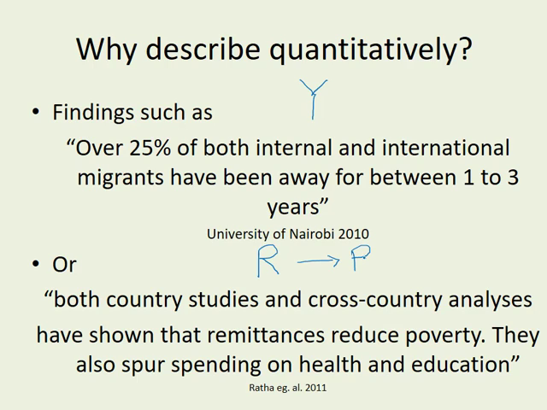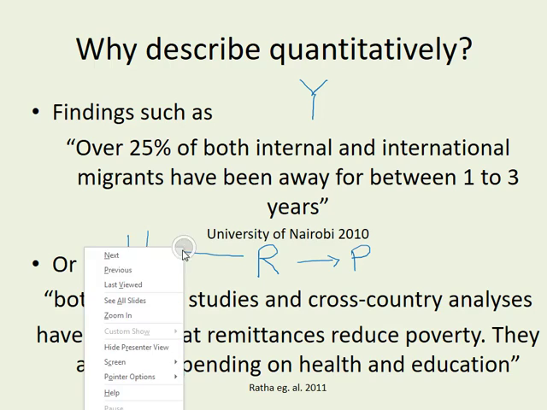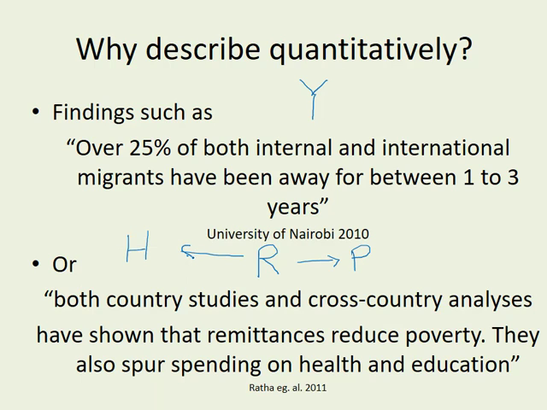There's also data on health and education, so 2 further variables, and it seems there could be links between remittances and spending on health, and remittances and spending on education. So here, description is showing us how 4 different variables may be linked together, whereas in the first case we're just describing the distribution of values of one variable.